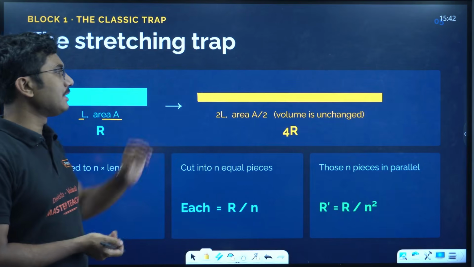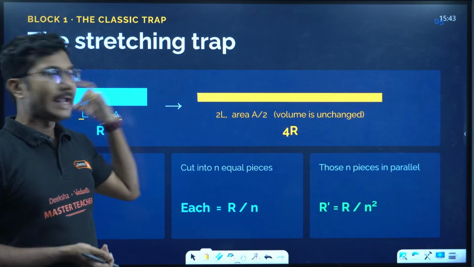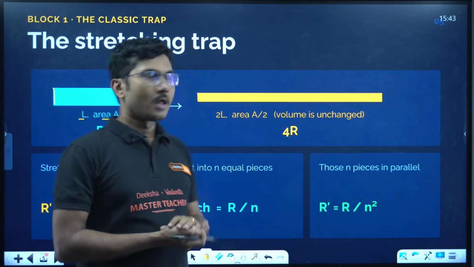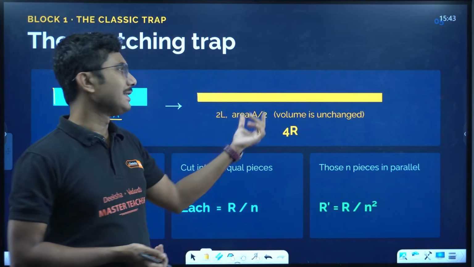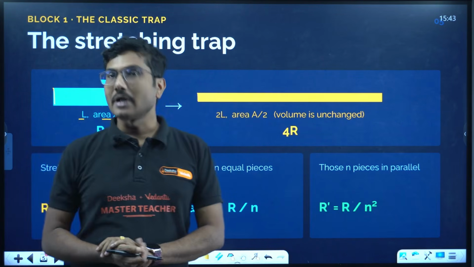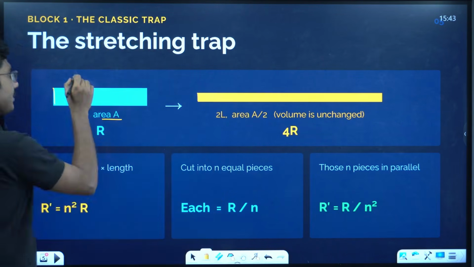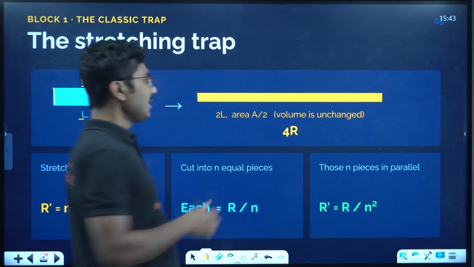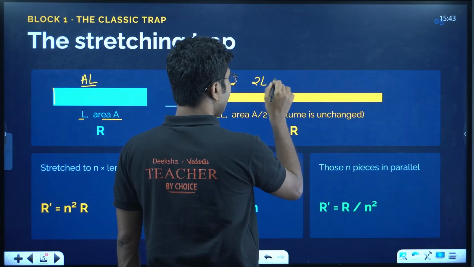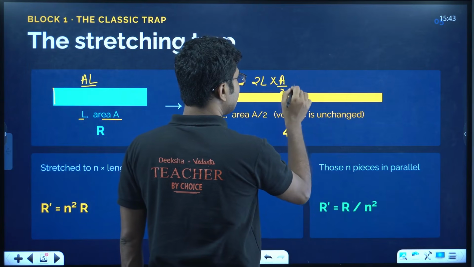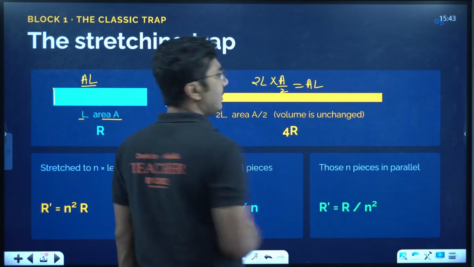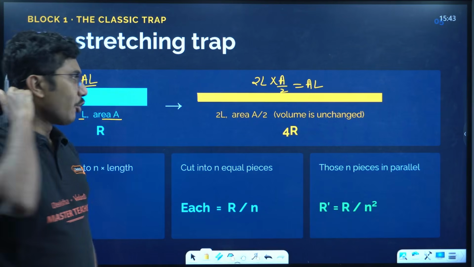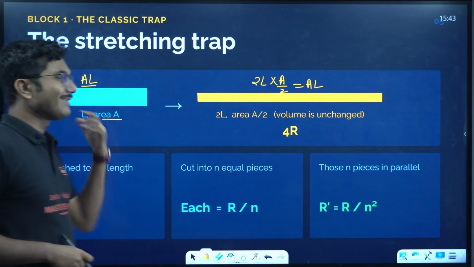So the length becomes 2L and the area becomes A by 2. Volume is A into L, so the volume remains unchanged. Here it is 2L and A by 2, and this is also AL. So the volume remains the same, and only the resistance is changing.